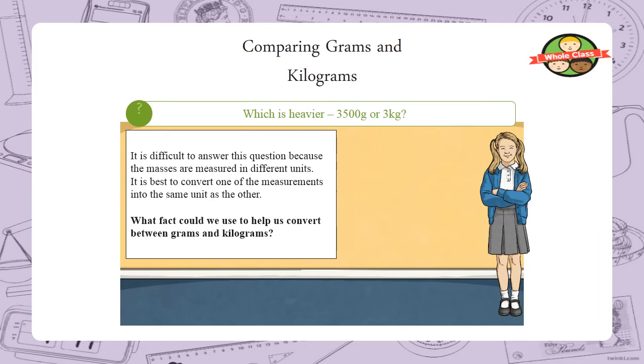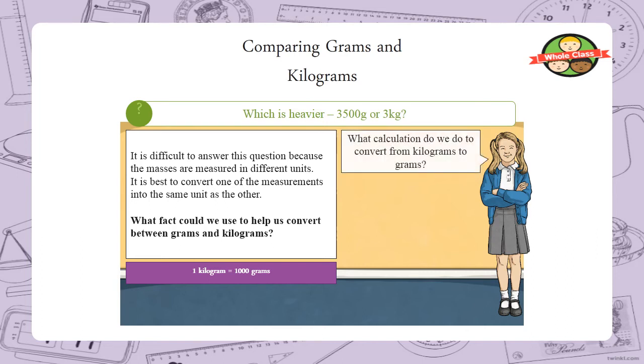What is the relationship between grams and kilograms? Excellent. 1 kilogram equals 1000 grams. So if I want to convert from kilograms to grams, what do I have to do? Excellent. I have to multiply by 1000.